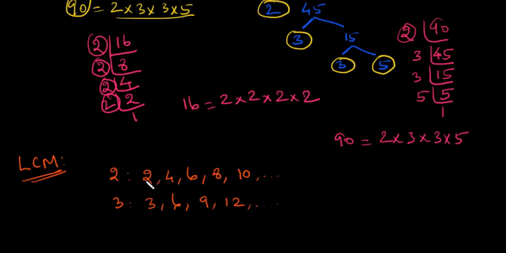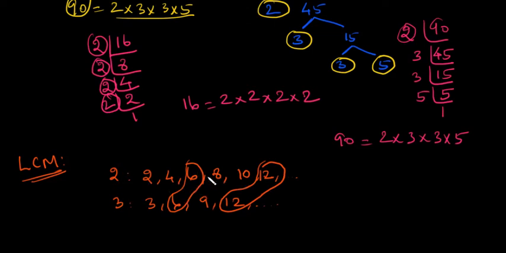So what are the common multiples here? Do you have 3 here? No. Do you have 4 or 3 here? No. 6 you have, and if you write the next number, you will have 12. So 12 is also there. So these two are common multiples of 2 and 3.